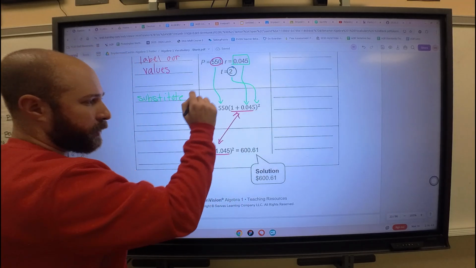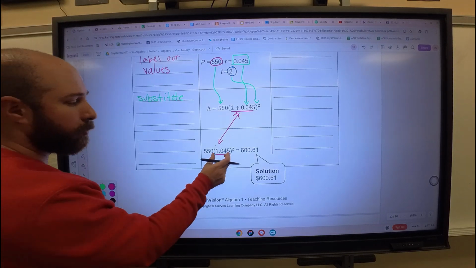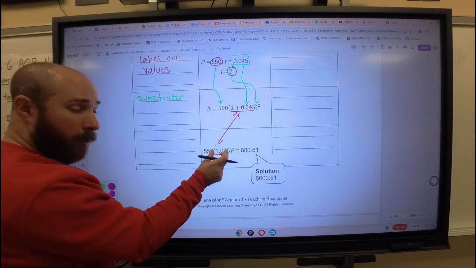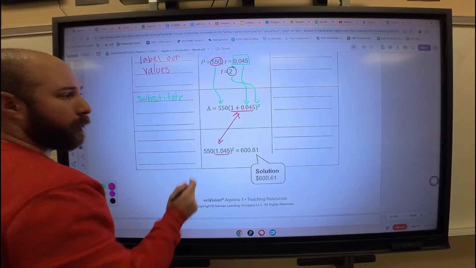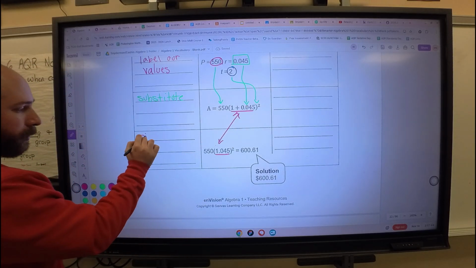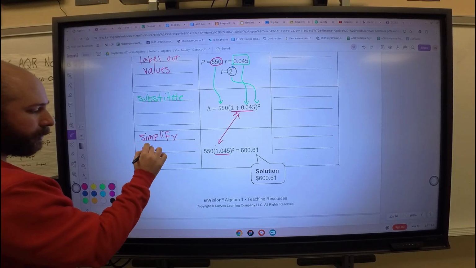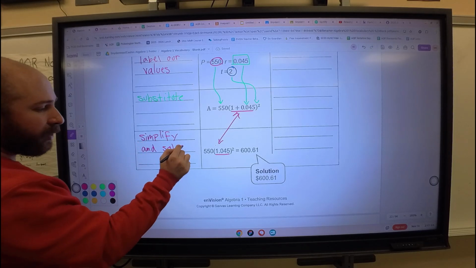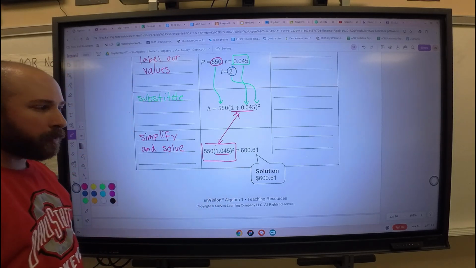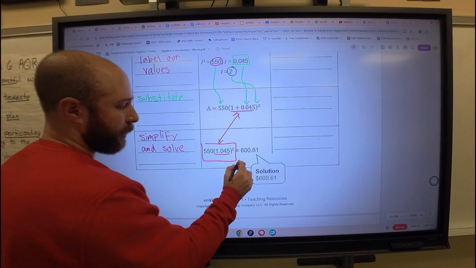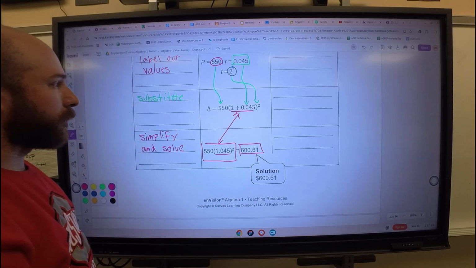I want us to understand that those are the same thing. We are simplifying there because you're going to see it written when you've already added or subtracted, and you're going to see it separated out. So we are going to simplify and solve. And by solving, I mean let's type it into Desmos and see what it gives us. And it gives us 600.61, or $600.61.